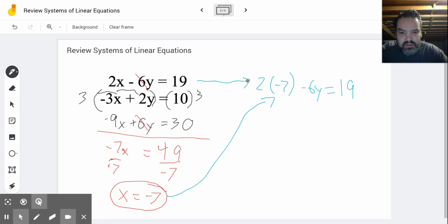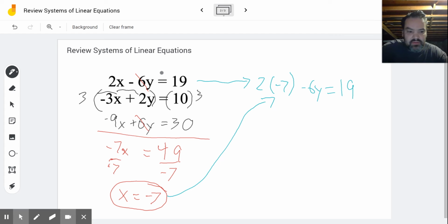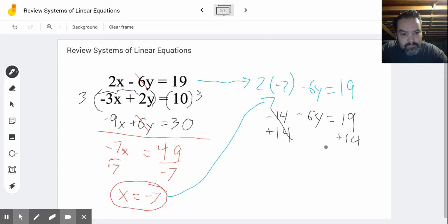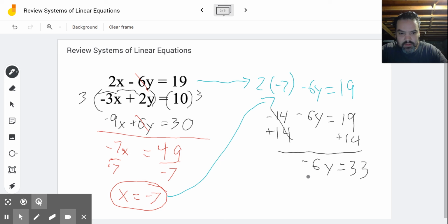So now I've rewritten this equation, plugging in negative 7 for x. That will help me solve for y. So 2 times negative 7 is negative 14, minus 6y equals 19. I can add 14 on both sides, which gives me 33.